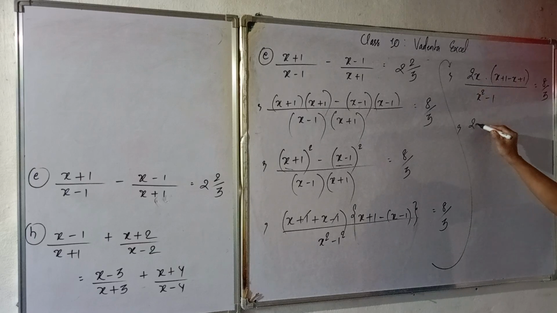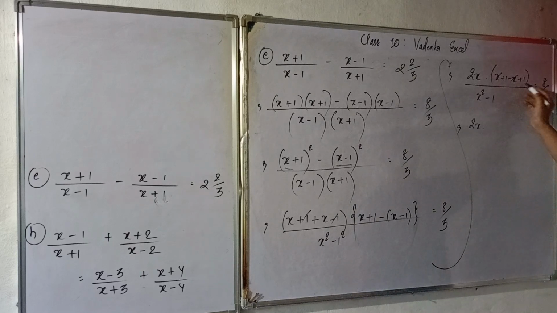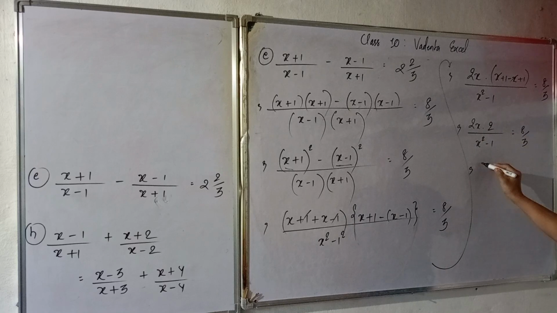Or 2 times x, positive x and negative x cancel, 1 plus 1, 2. So it is 2 times 2x over x square minus 1 equal to 8 by 3, or this becomes 4x by x square minus 1.